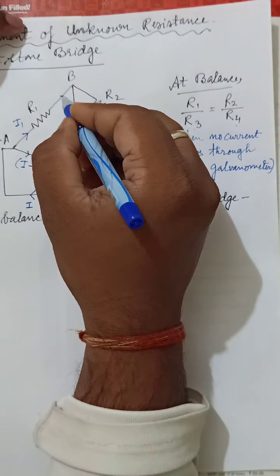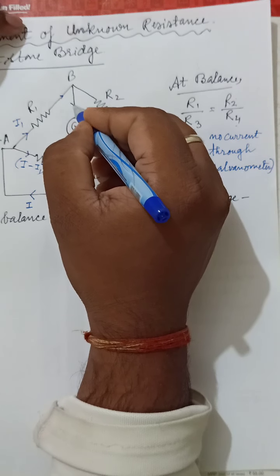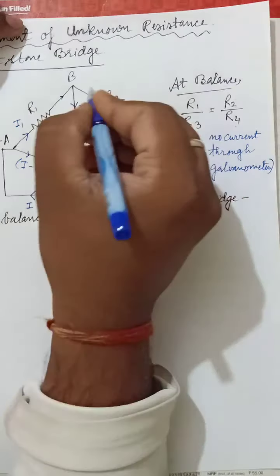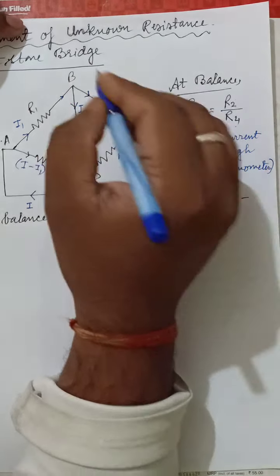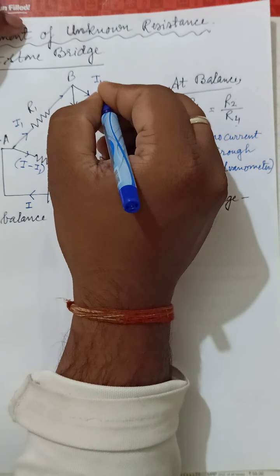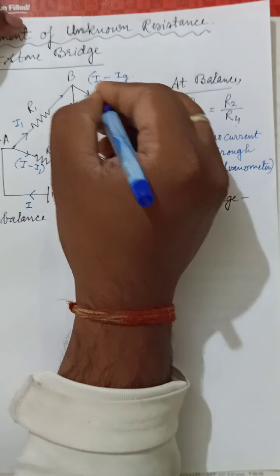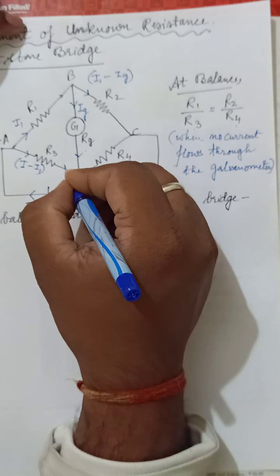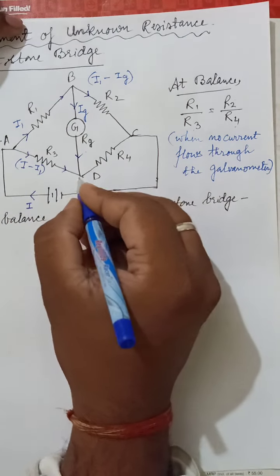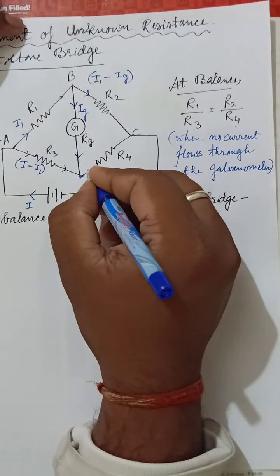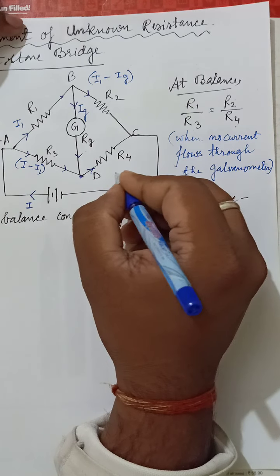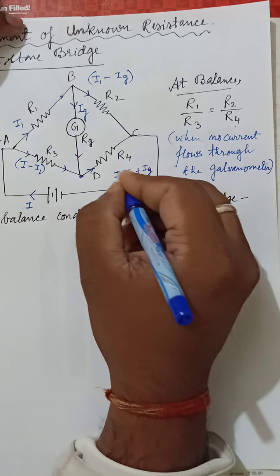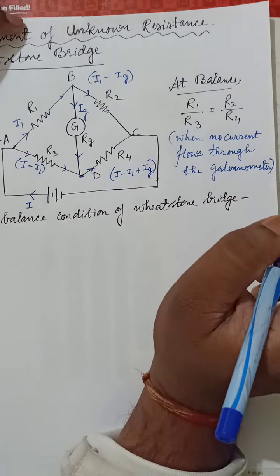When I1 current reaches here, a part of the current flows through the galvanometer known as galvanometer current Ig, and another current passes through this BC line, that is I1 minus Ig. This Ig comes here and meets with the current I minus I1. If we apply KCL at this point, we will get the current in the arm DC as I minus I1 plus Ig. This is the current in DC portion.